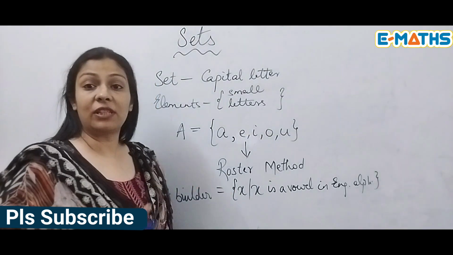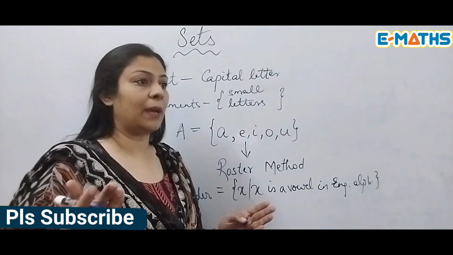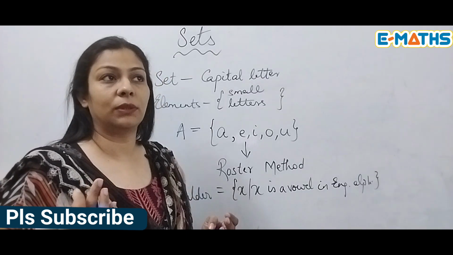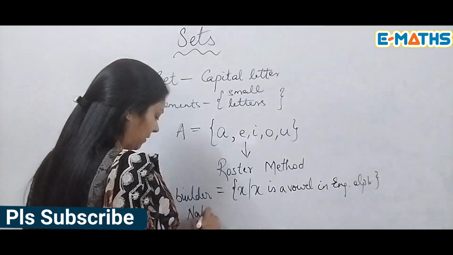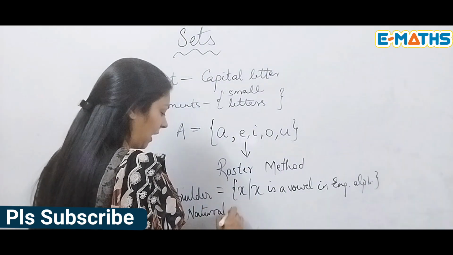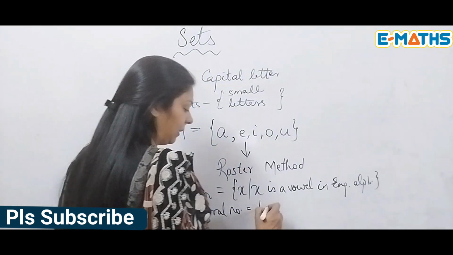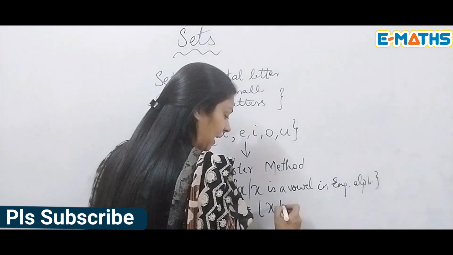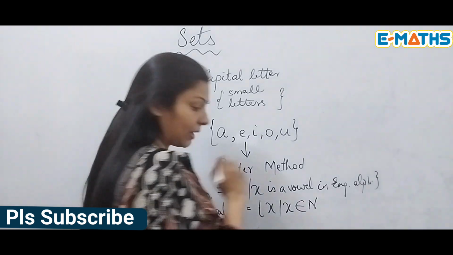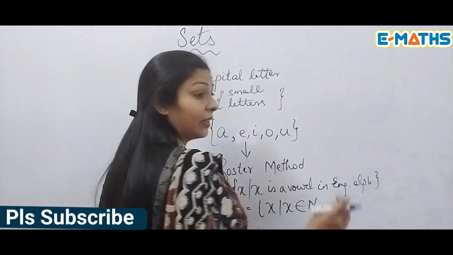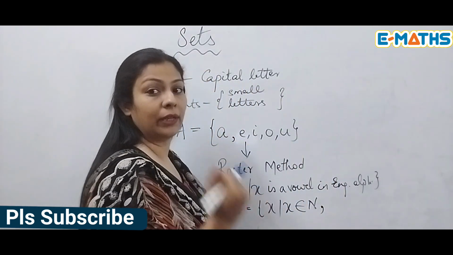Or if it is for numbers and you know the range, for example natural numbers from 1 to 10, then in set builder form it will be x is such that x belongs to the natural numbers, and then you have to write the range, where it will start and where it will end.